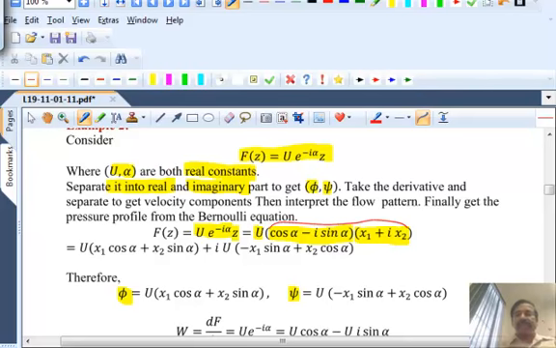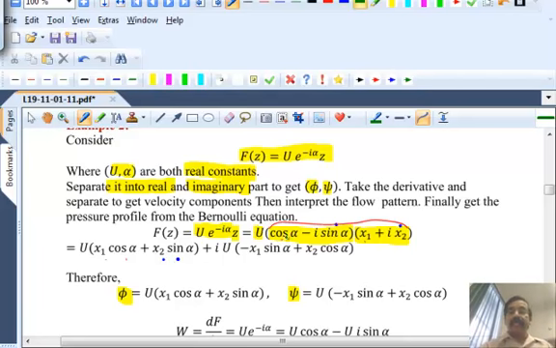So when you do that, for example, u times cos alpha times x1, that's the real part. And when you do i sin alpha and i x2, what will you get? i squared sin alpha x2, but i squared is minus 1. So that's also real. That's where you get x2 and sin alpha.